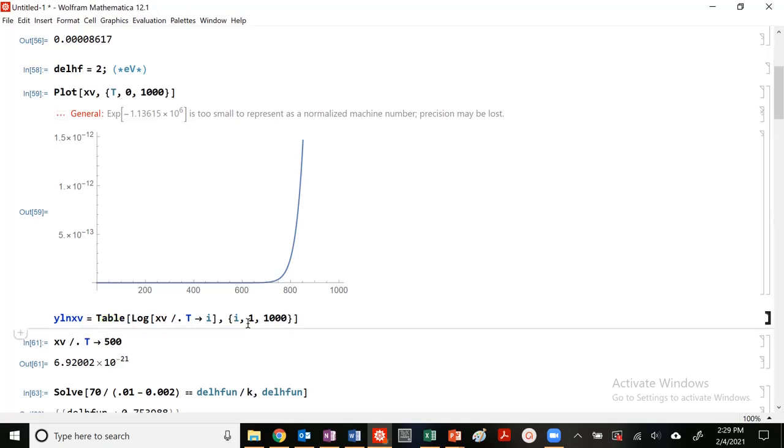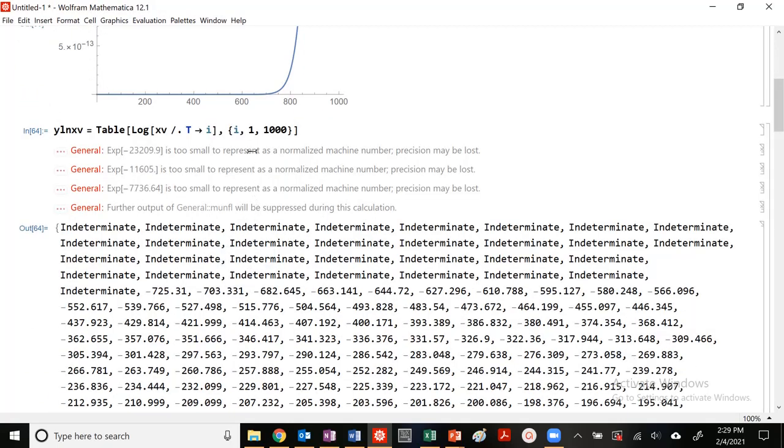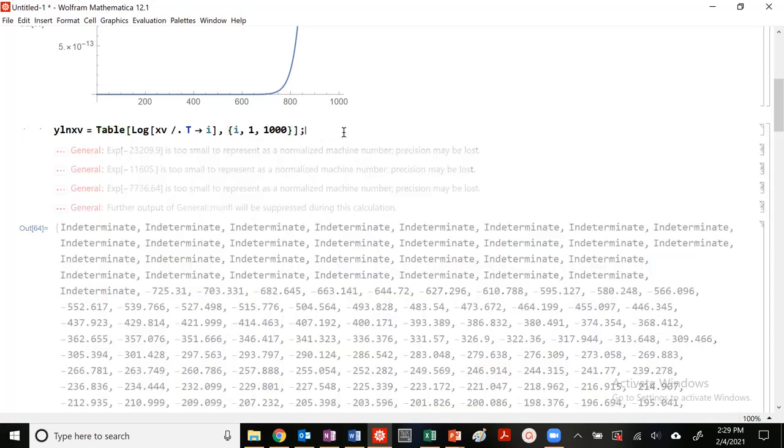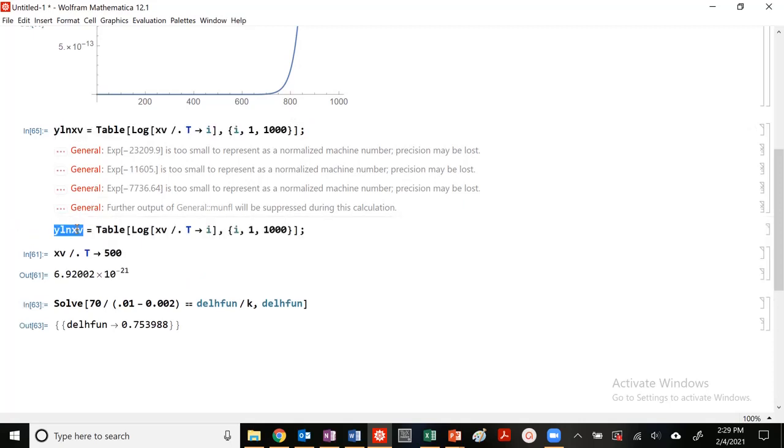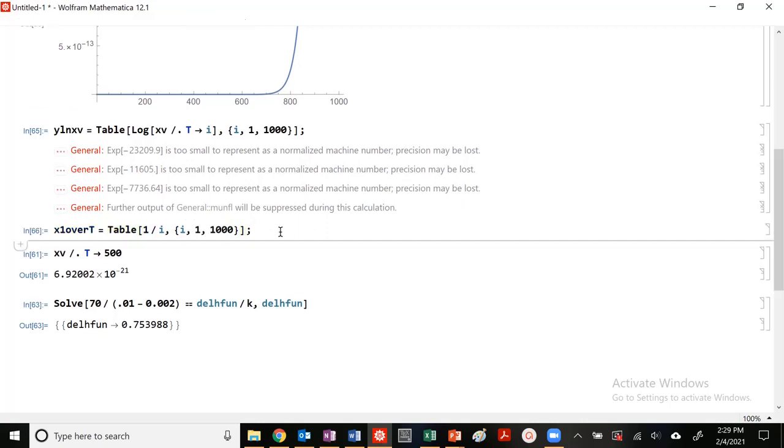It would be quite a few numbers, but let's keep it there. So this would be my y values. And I could also do my x values, the 1 over T, so x vals is 1 divided by I for my temperature values.